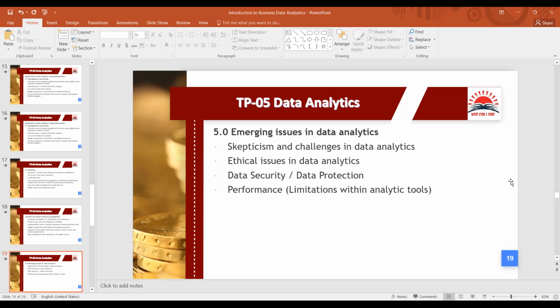As we speak, we are all aware of the data protection law. We call it the Data Protection Act 2019, which was enacted on 25th November 2019.